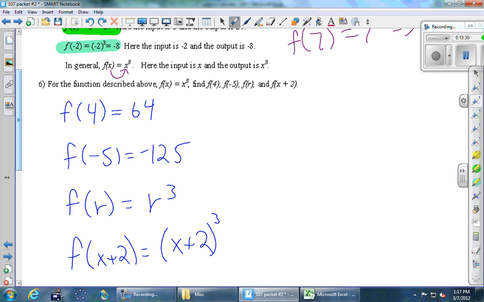We can expand it, but that's not the idea for this. We are trying to introduce functions. This is the important thing here. So whatever's in the parentheses, you put it over here and you cube it. What was in the parentheses got put over there and got cubed. Do we see the pattern?